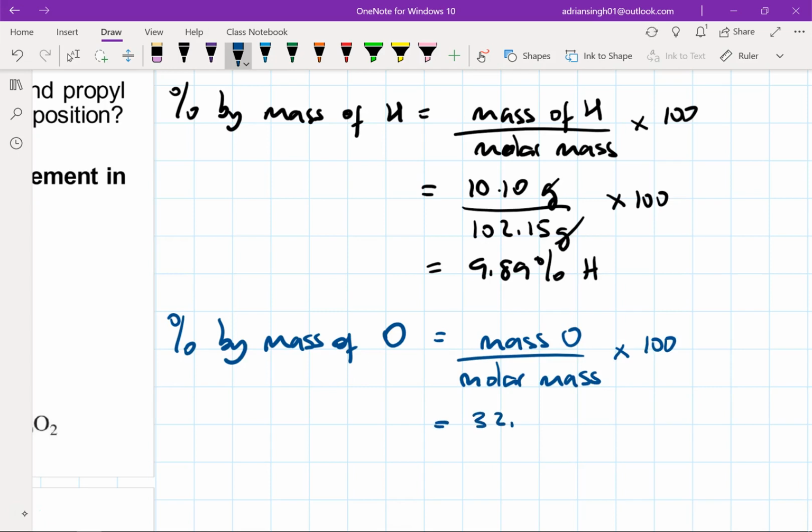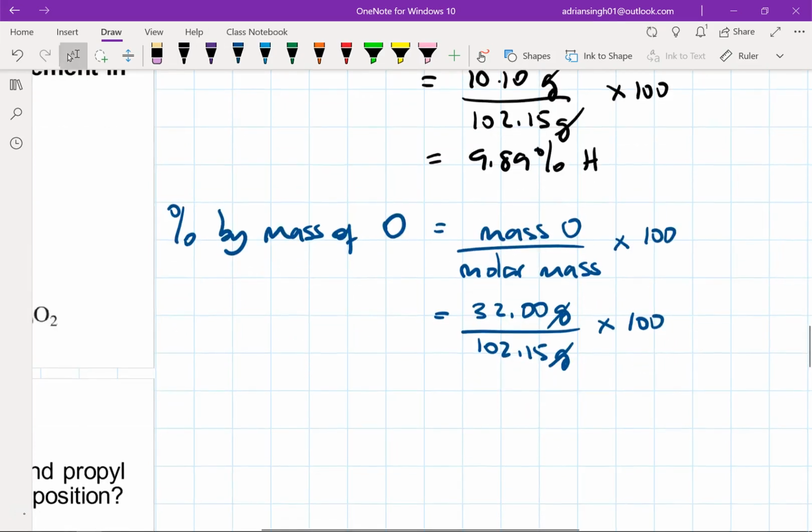So that was 32 grams of oxygen divided by our molar mass, 102.15 grams, times 100. And that's going to give us 31.33% oxygen in our compound.